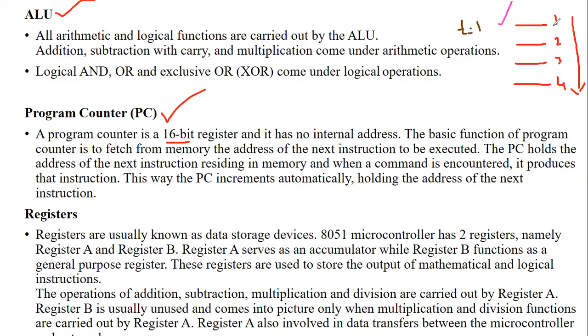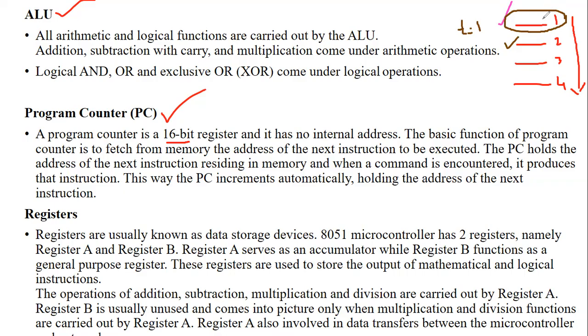Then the address of the next instruction, instruction 2, is stored in the program counter register.